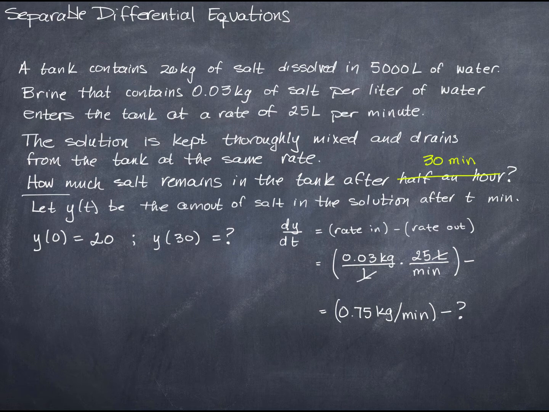And then we have that the rate out is the total amount of salt in the tank over 5,000. That's in kilograms, that's in liters. But we still have a rate of 25 liters per minute.